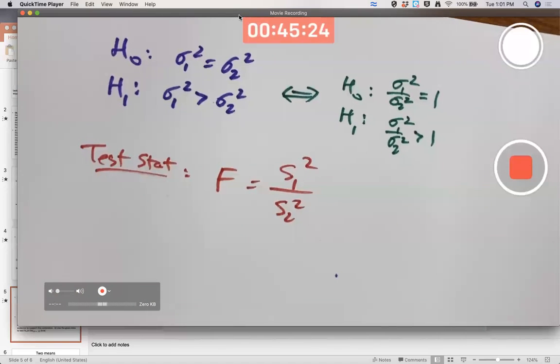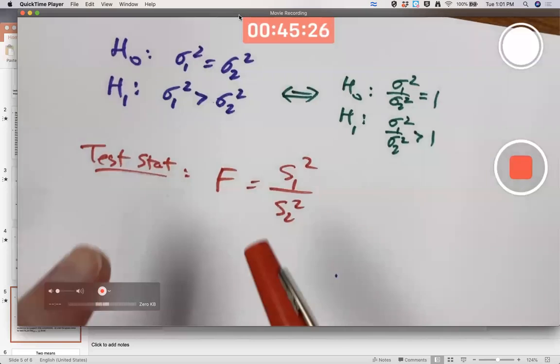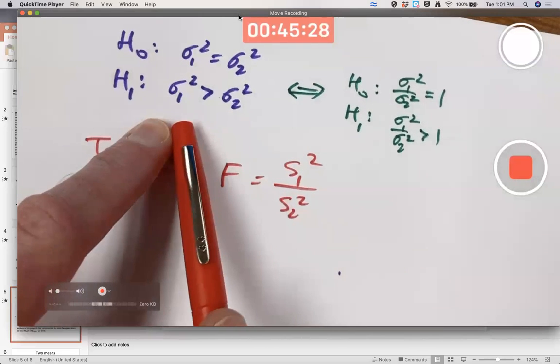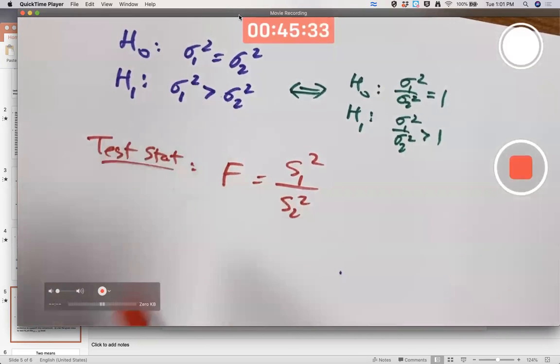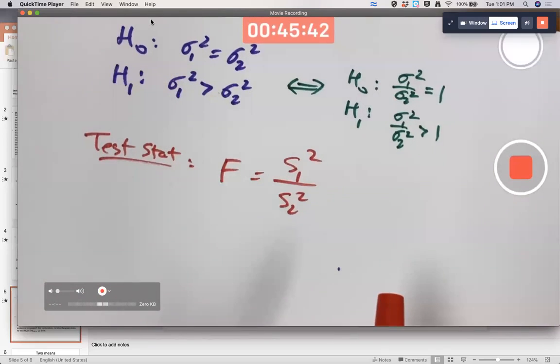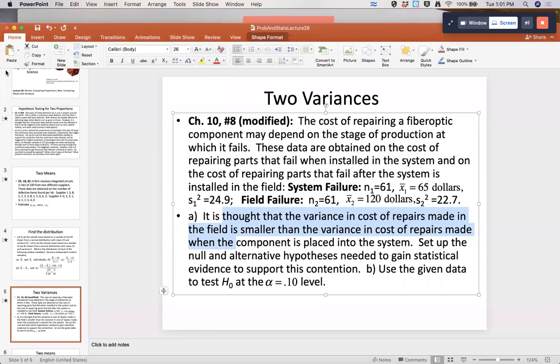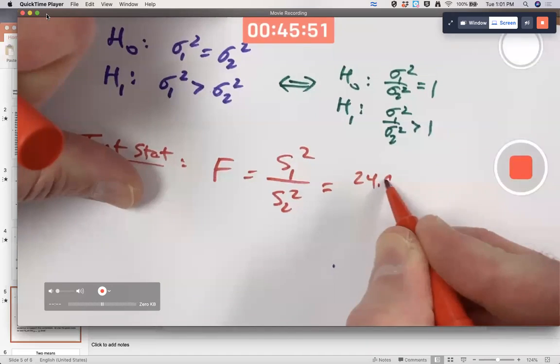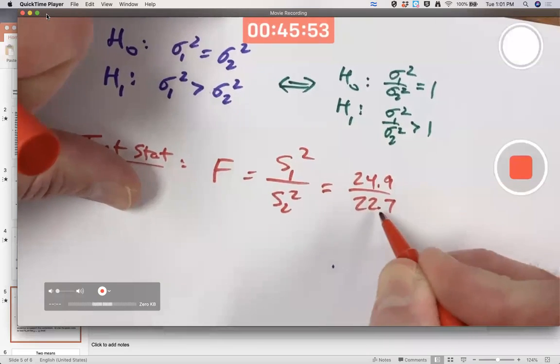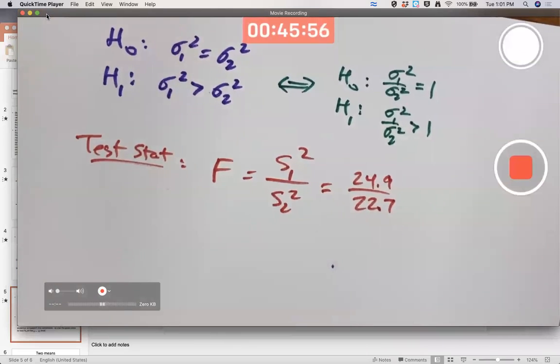If you're setting this up for a right-tailed test, the one labeled with the subscript 1 should have a sample variance bigger than the one labeled with the subscript 2, or at least that's the idea ahead of time, if that's your theory. This is going to be bigger than 1 because S1 squared is bigger than S2 squared. We've got 24.9 divided by 22.7. It is bigger than 1, so that's some evidence against the null hypothesis.